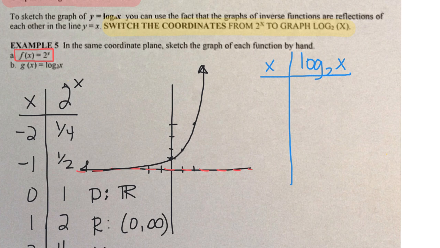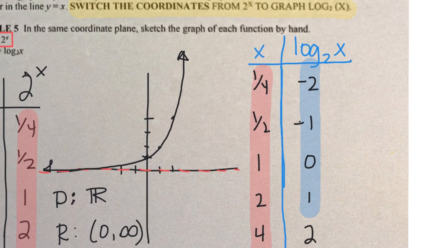Now, the way we graph inverses is you take your x values from here and make them into y values. And you take your y values from your original graph and turn them into x values. So I'm not going to ever evaluate a log of a certain base. I'm just going to use my previous graph in order to write down the coordinates. So let's do that.